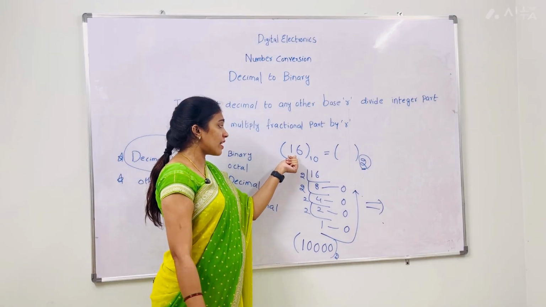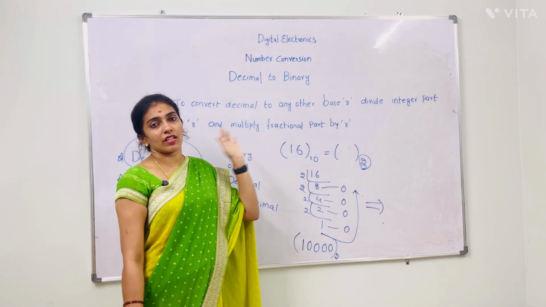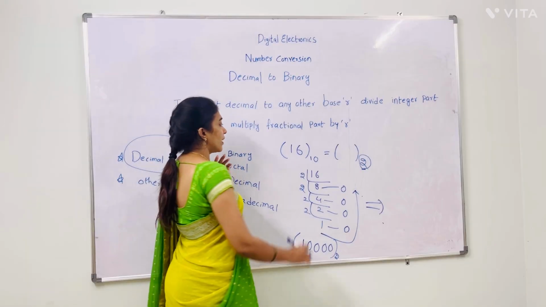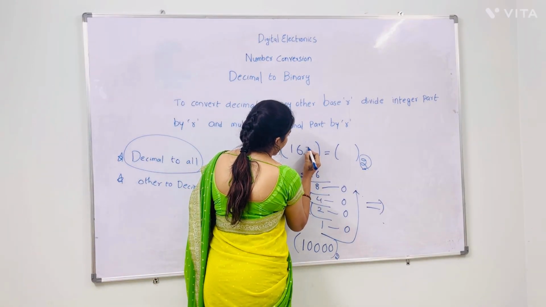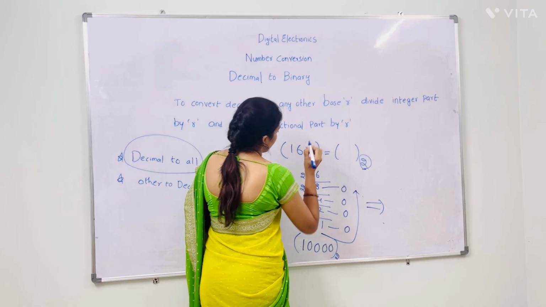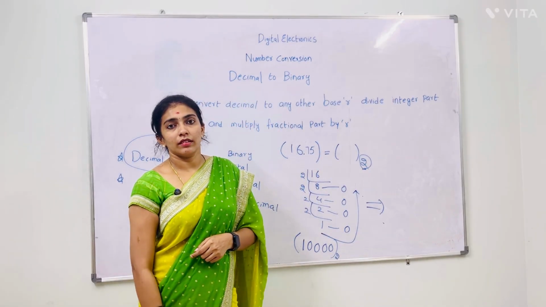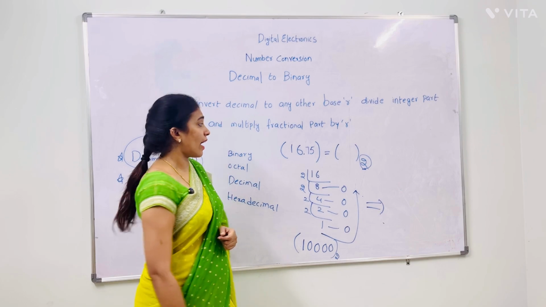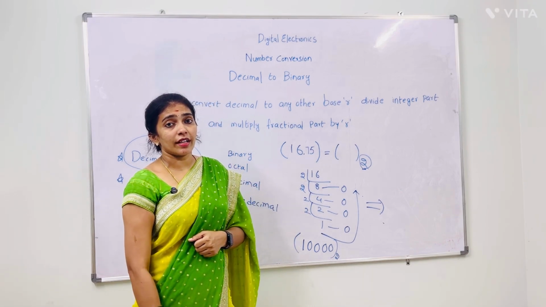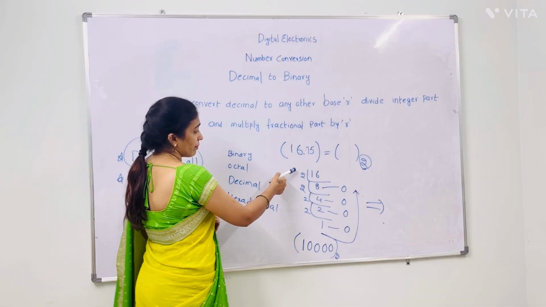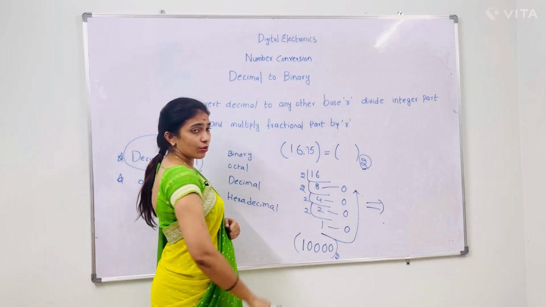If this number also has a fractional part, what do we do then? Same number, now with a fractional part also. For the integer part, we take the answer by dividing by base 2.